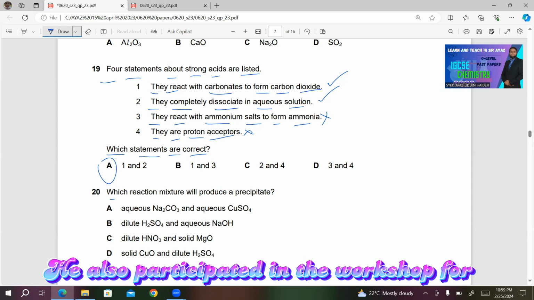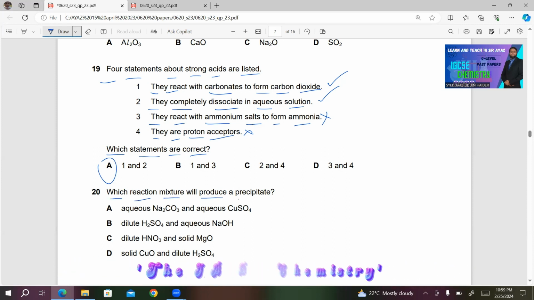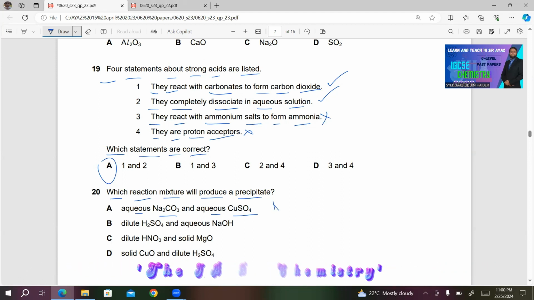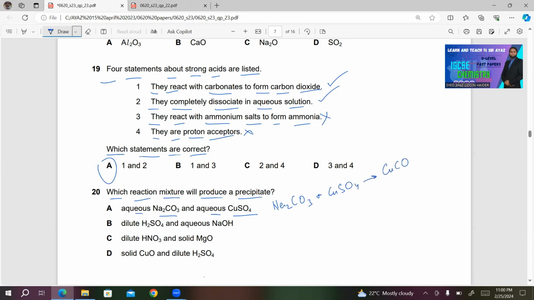Number 20, which reaction mixture will produce a precipitate? A, aqueous Na2CO3 and aqueous CuSO4. If you react these two, we will get Na2CO3 plus CuSO4 gives CuCO3 plus Na2SO4.